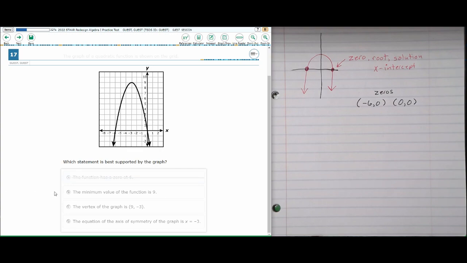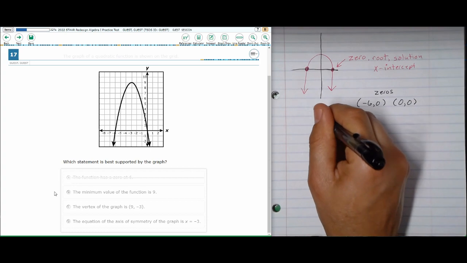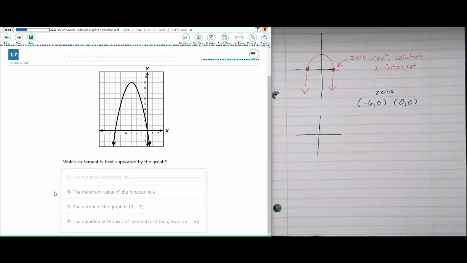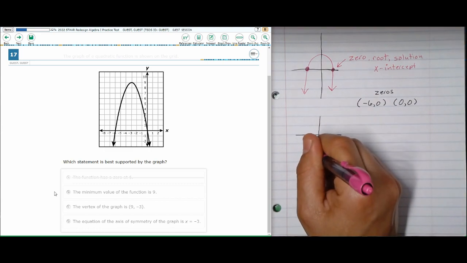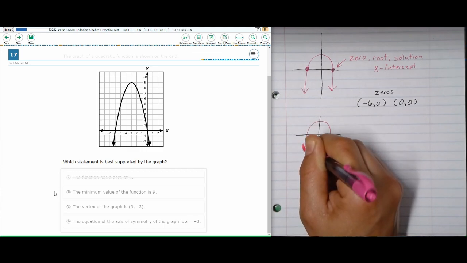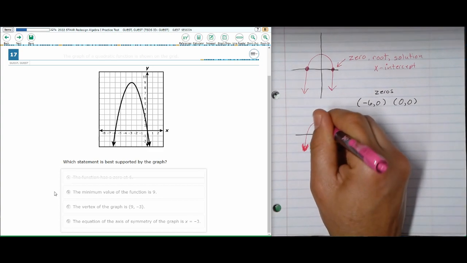The next one, B, says the minimum value of the function is 9. Okay, so remember that whenever we did our transformations on quadratics, what you would have seen is, when we have a parabola, and actually I should draw it like this, when we have a parabola that flips down, it has a maximum.